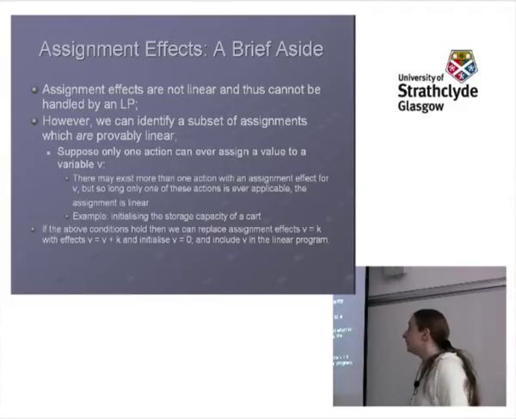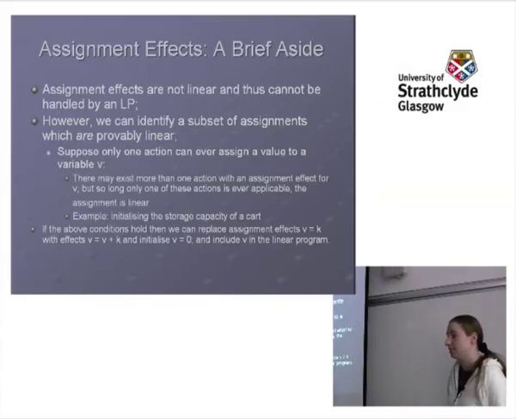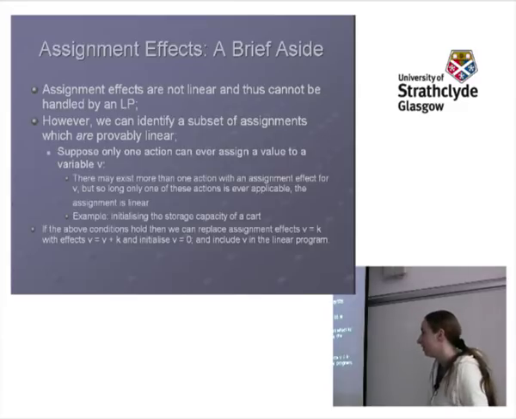Another little technical detail. I said we couldn't handle assignment effects before. So they're not linear. It's not linear to say assign a value to 10 and then later on assign it to 10 again.